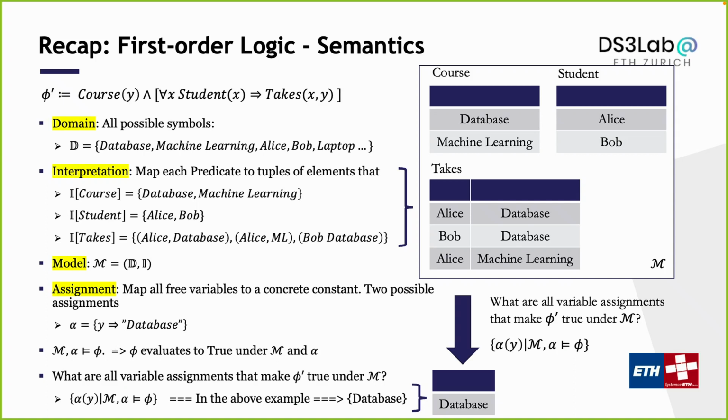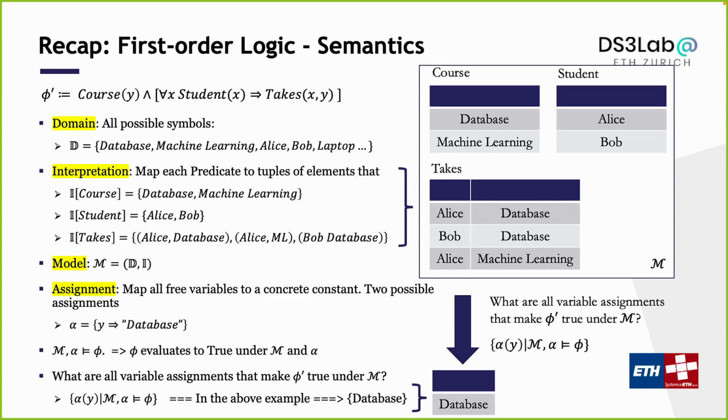The intuitive way to think about relational calculus is like this. Your first-order interpretation is your database instance that you want to query. And every single query you are writing is a logical formula. And the semantics of answering that query is to find all the possible assignments of the free variables that make this formula true under this interpretation.